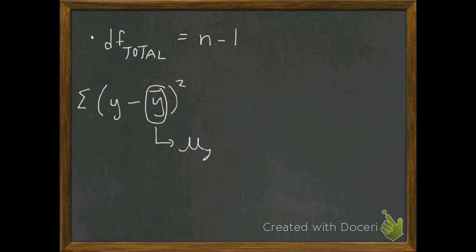So since we've used an estimate in our calculation, we have to subtract 1 for the fact that y bar was used in the calculation of the sum of squares for the total.